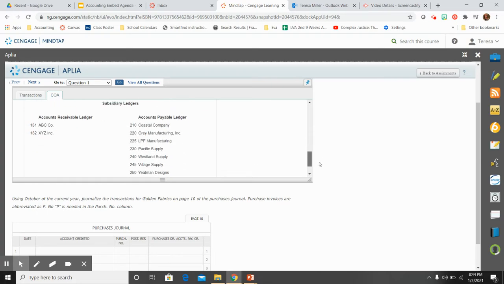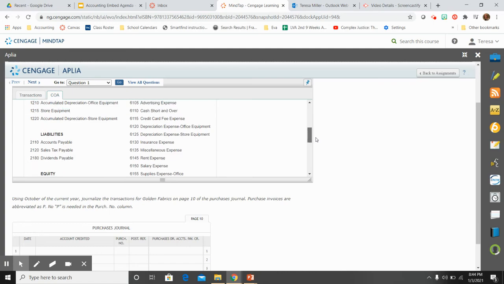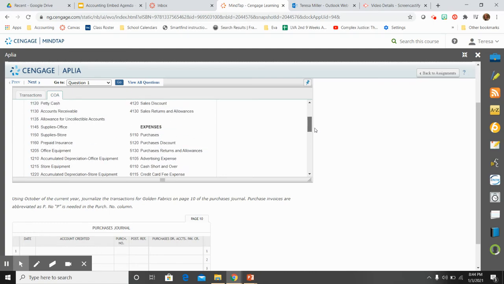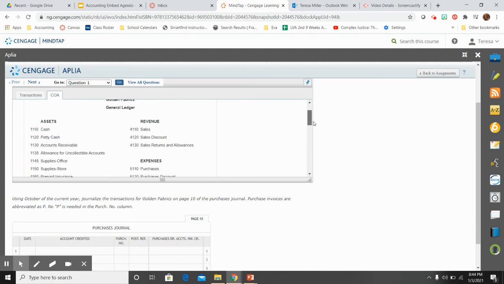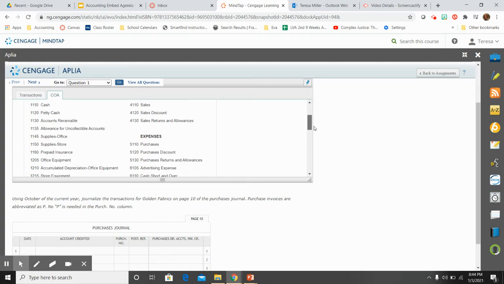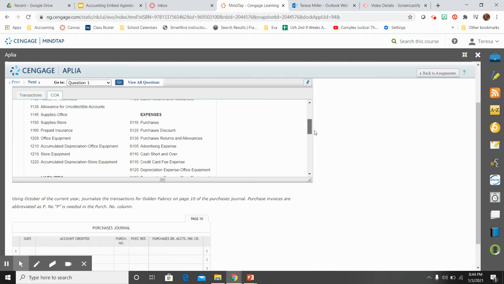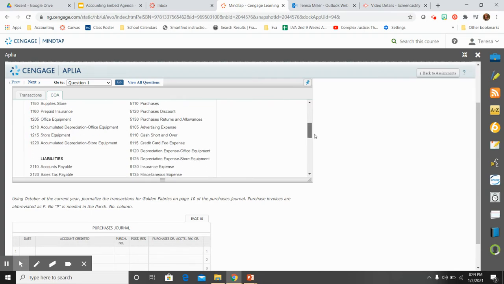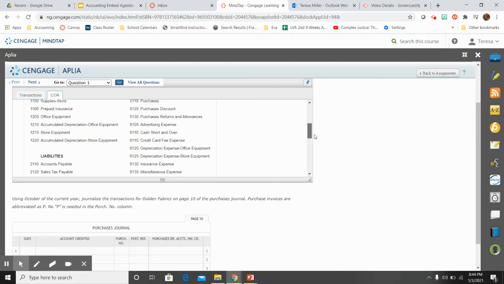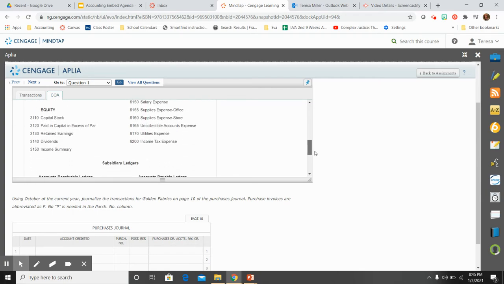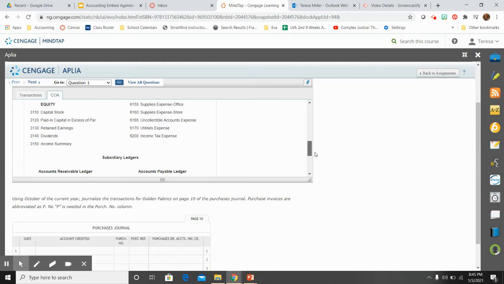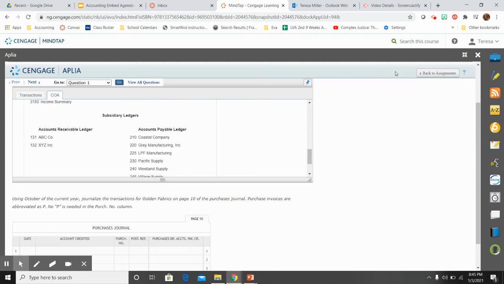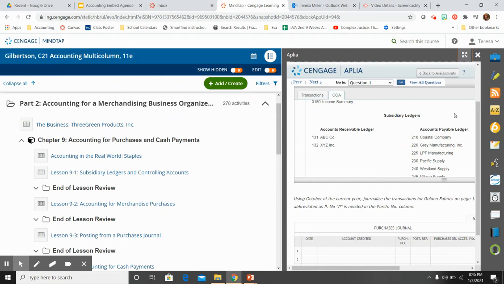You have your ledger accounts here, your subsidiary ledgers, I'm sorry. Your revenue, expenses. They have that under your purchases, under expenses, your cost of merchandise. And just a lot more to add there. I'm going to skip that.